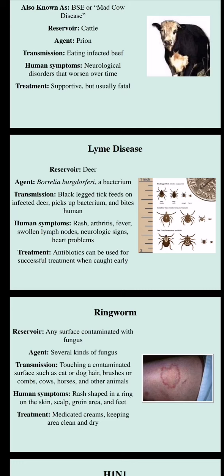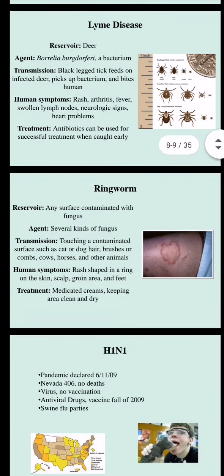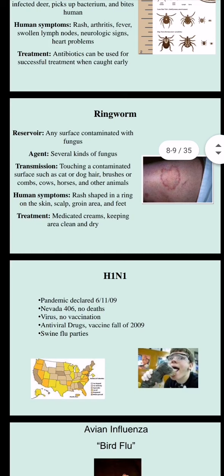Transmission: black-legged ticks feed on the infected deer, pick up the bacterium, and bite humans. Human symptoms include rash, arthritis, fever, swollen lymph nodes, neurological signs, and heart problems. Treatment: antibiotics can be used for successful treatment when caught early.